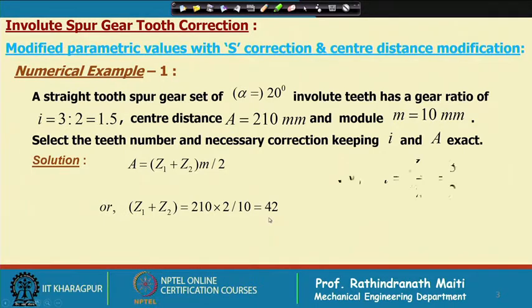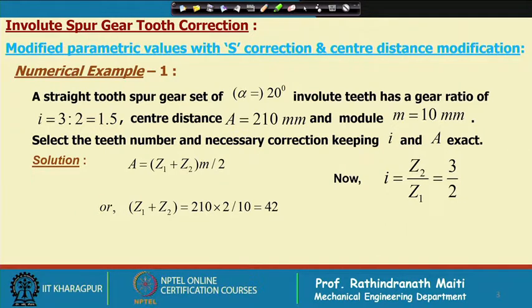Now, with the combination of 42, if we would like to make Z2 by Z1 equal to 3/2, it is not possible. Say if we take 25 and 17, it will not be 3 by 2.